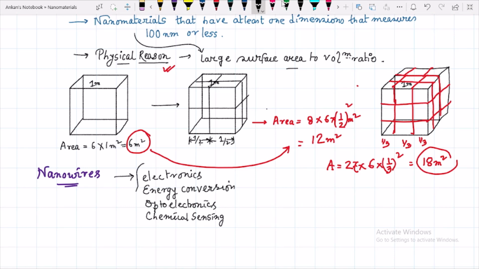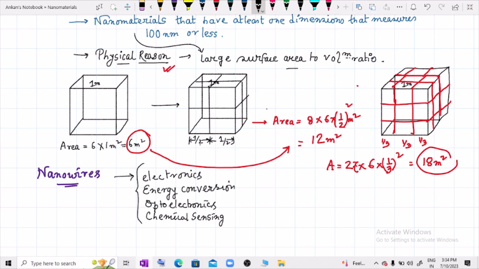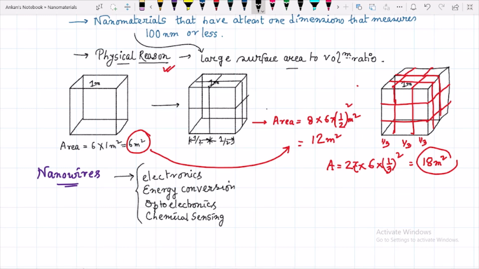So nanowires are the one-dimensional nanomaterials that are very important nowadays because of their application in electronics, energy conversion, optoelectronics, meaning optics plus electronics, chemical sensing, etc.